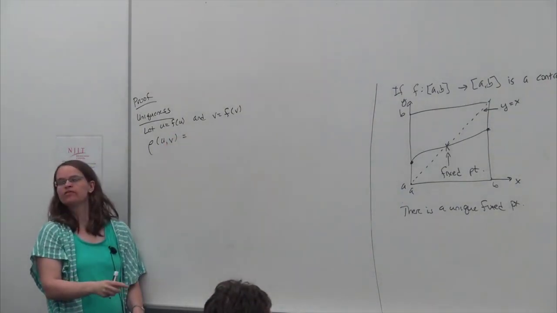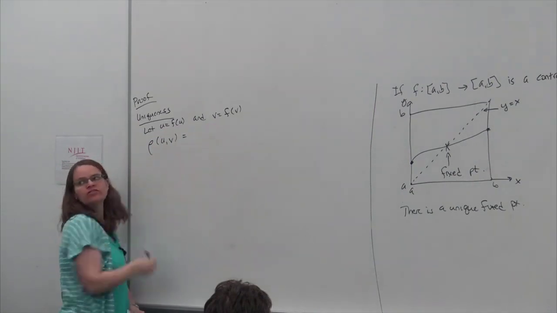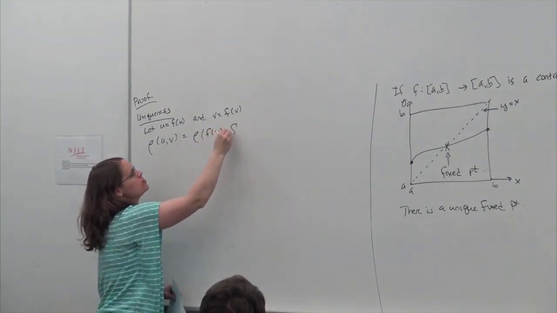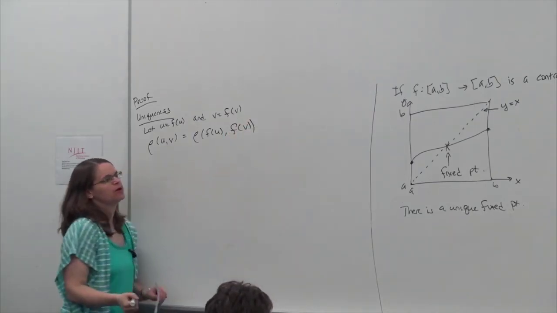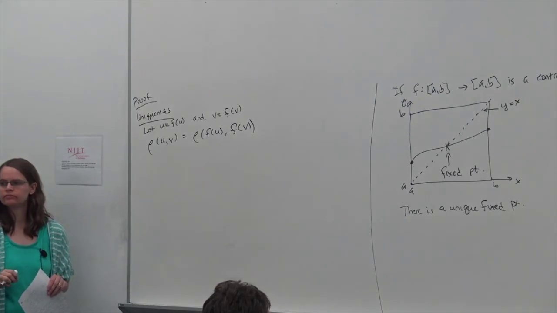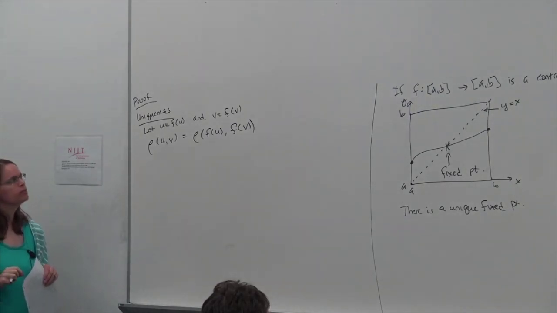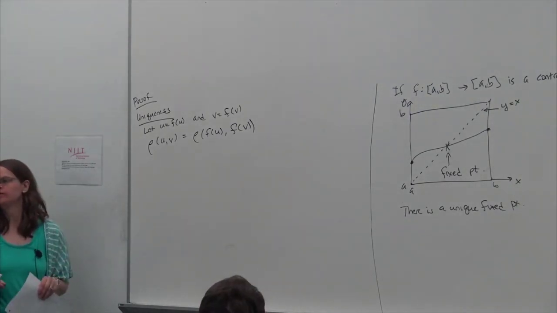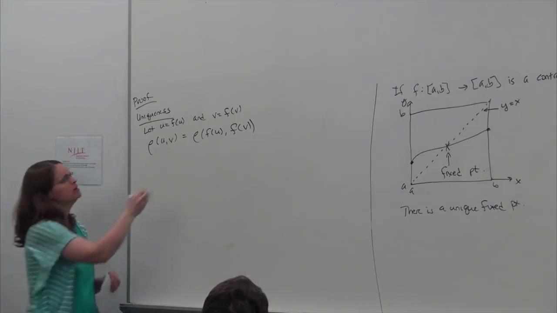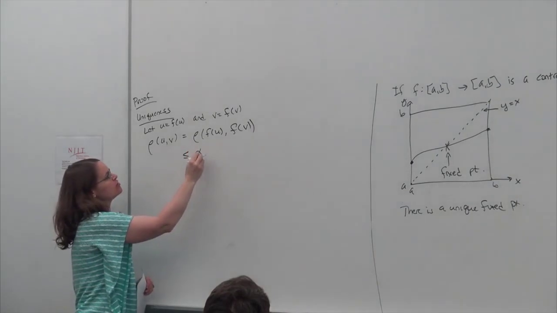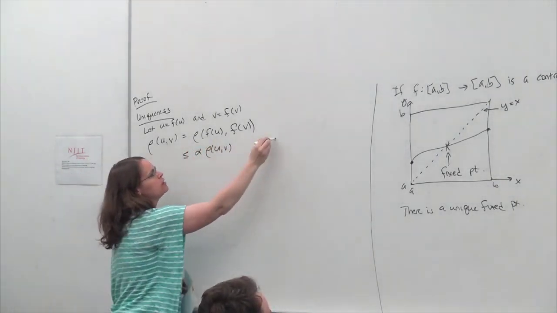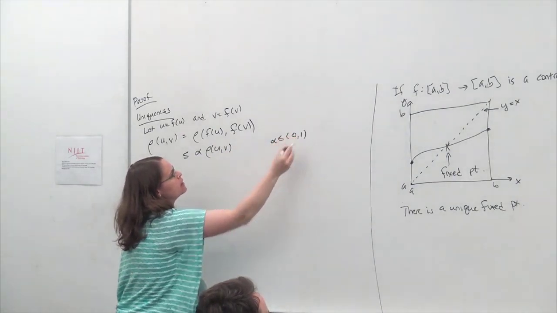Well, I may as well bring in the fact that we've just made this assumption. So this is the same as the distance between f of u and f of v. And then I'd also better bring in the fact that we're working with a contraction. That obviously matters to this theorem. So we know this is less than or equal to alpha times the distance between u and v for some alpha.